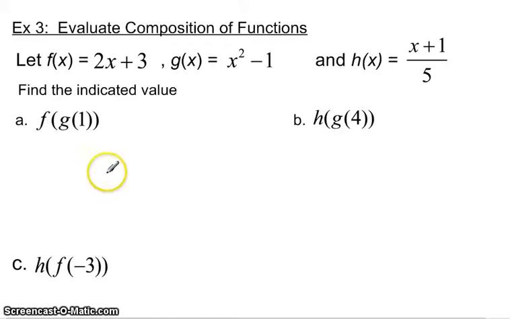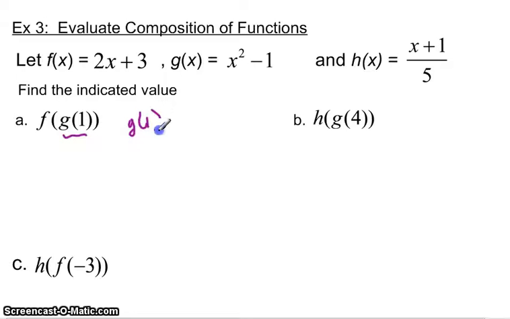Let's look at part A. Part A says we want to find f of g of 1. Just like order of operations, we perform everything in parentheses first. So I am going to figure out what g of 1 is and take that value and make that the input of f. So let's find out what g of 1 is.